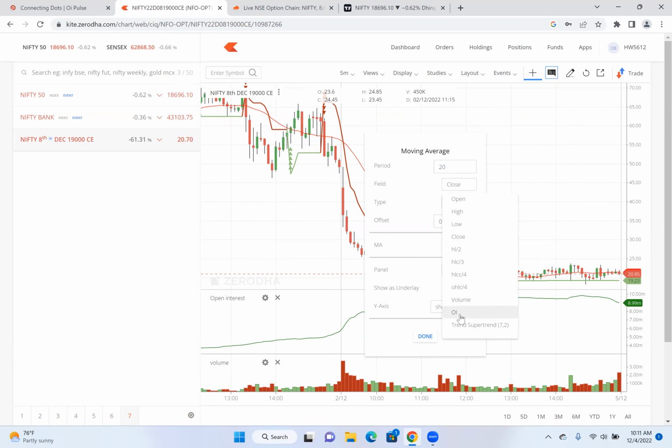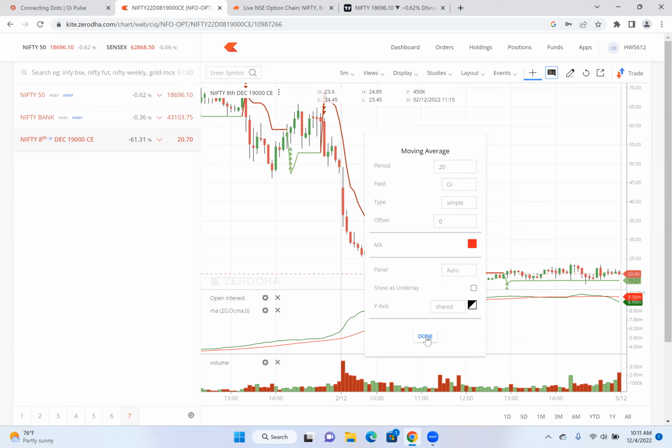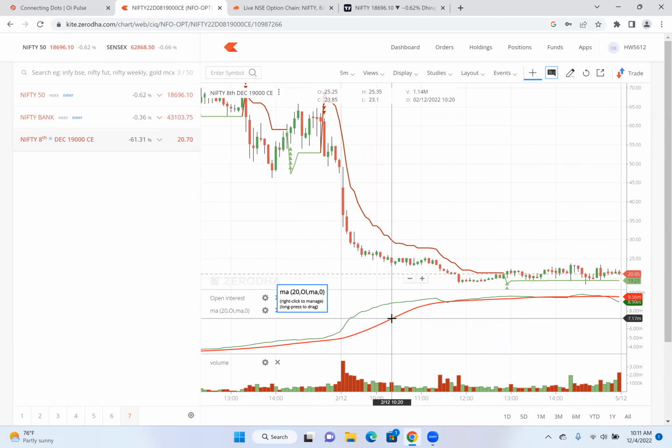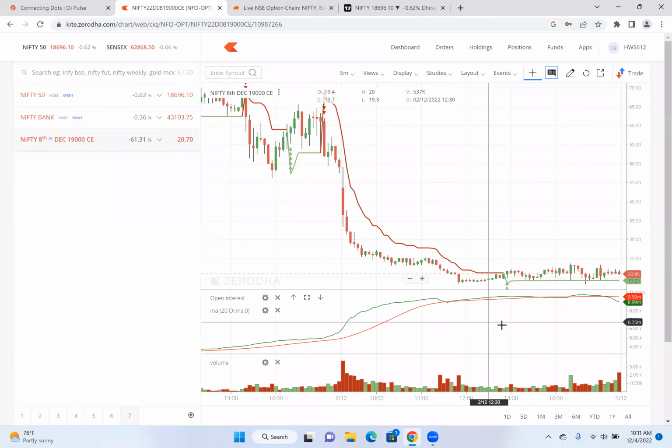Typically, it is created on the price candles, but I want this moving average to be applied on open interest as opposed to being applied on the price. So I'm keeping the simple moving average as 20 and changing the field to OI. Now you can see that this red line is the moving average line in the open interest panel. So this is my setup.